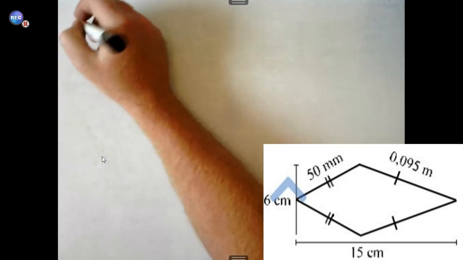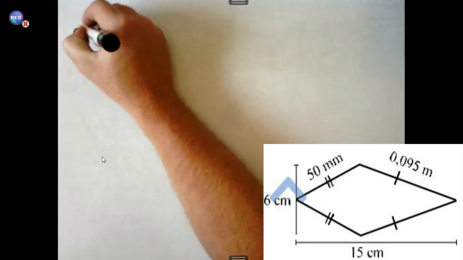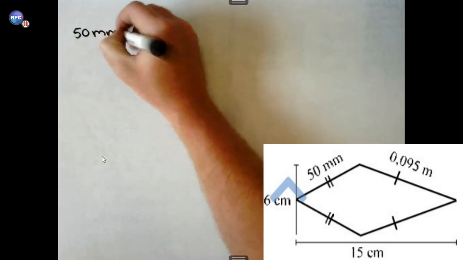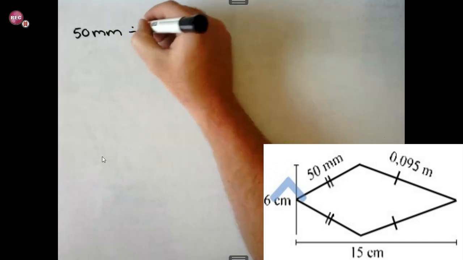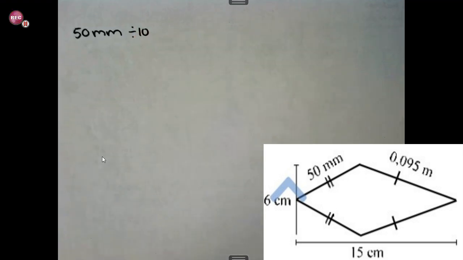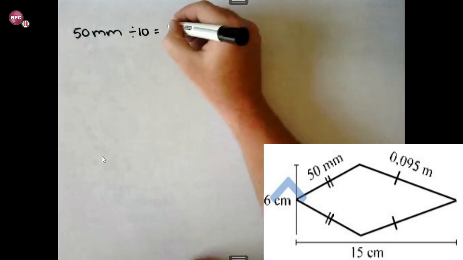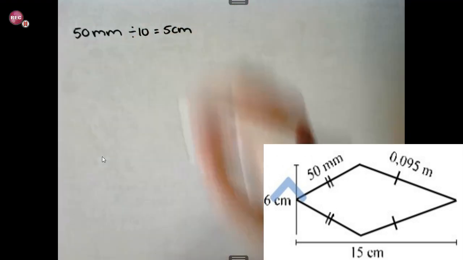So, to convert, you've got 50 millimeters as the one side, and to take millimeters to centimeters, you will then have to divide by 10. So we're going to divide by 10, and when you divide by 10, your conversion would then be 5 centimeters.